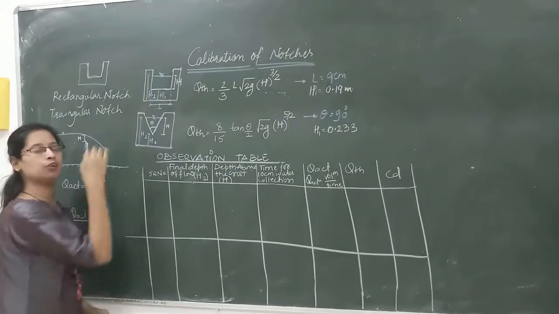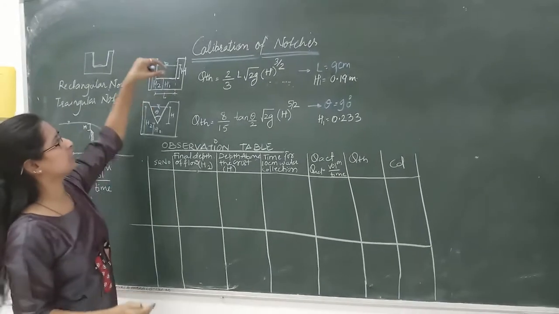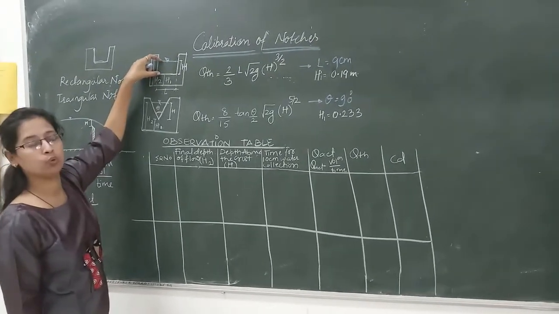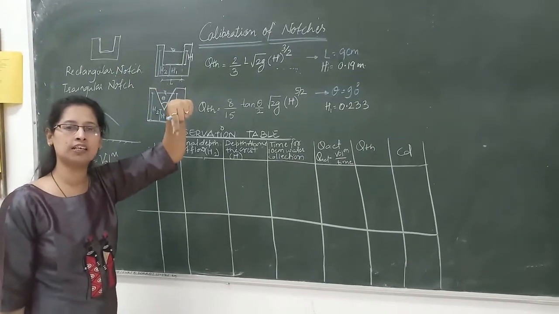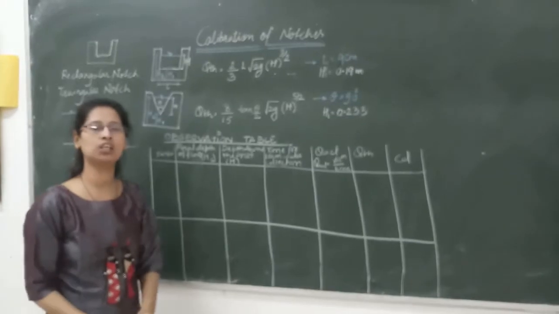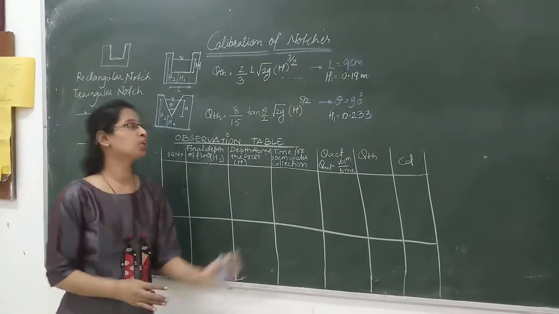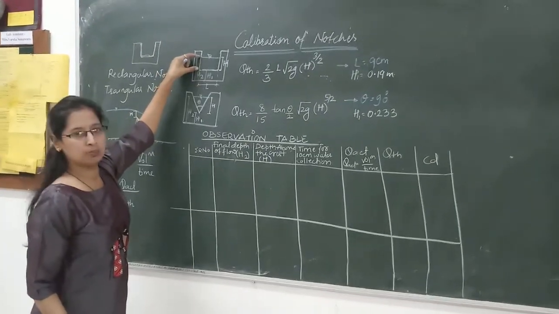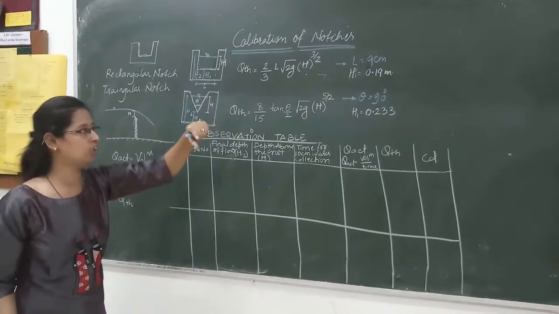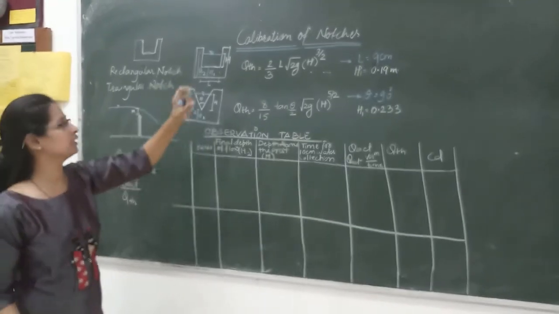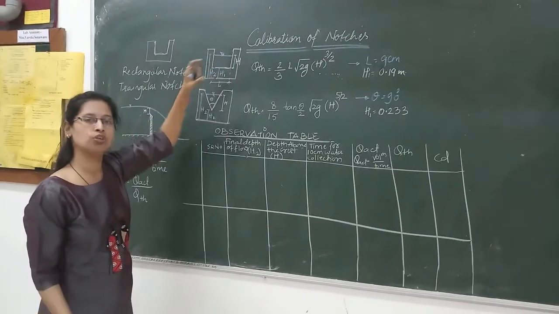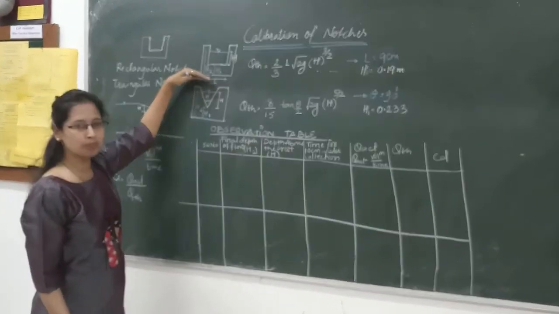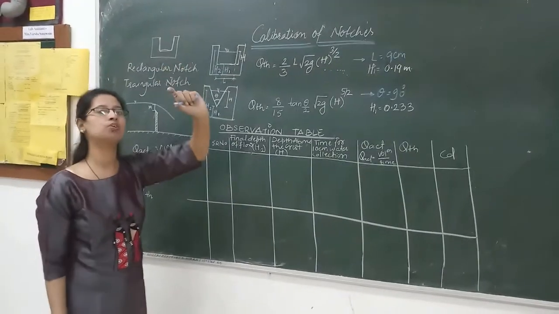We are interested in measuring the discharge, so we are interested in finding out the depth over the crest. Only if we measure the depth over the crest can we find the actual discharge flowing through the notch. To measure it experimentally, we know the depth from the bed till the crest, which remains constant.